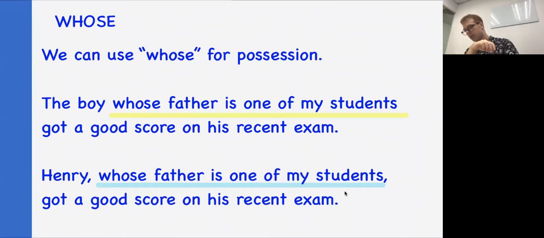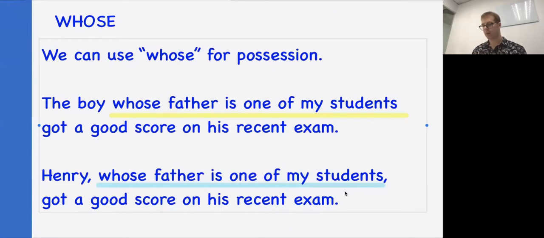Like, how about this first one? The boy whose father is one of my students. Okay, for this one, you'll notice there's no commas. There's no commas, we just say the boy whose father is one of my students. This one, we know it has to be a defining clause, right? A defining relative clause, okay? And then that gives us the opposite. If I say Henry, right?